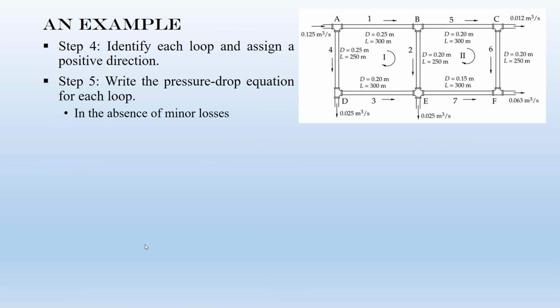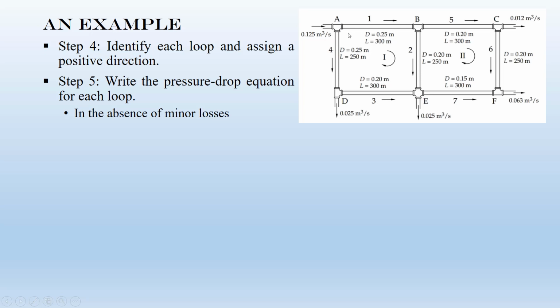Now, what's the next step? So you need to identify each loop. You already identified each loop, and then the direction, and then you need to write the pressure drop equation for each loop. For example, for loop 1, you can write delta PAB plus BE plus CE plus DA equals to 0.